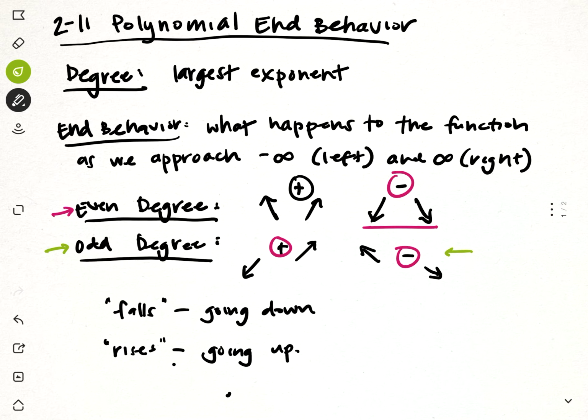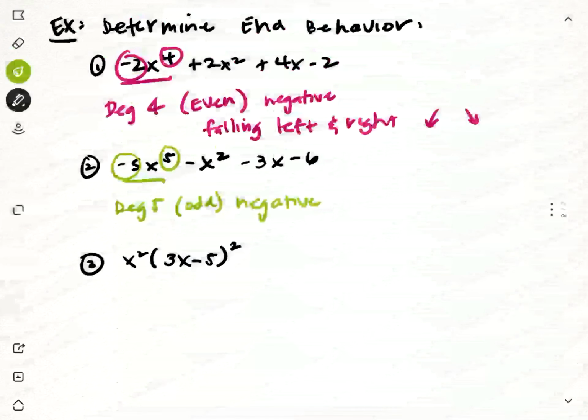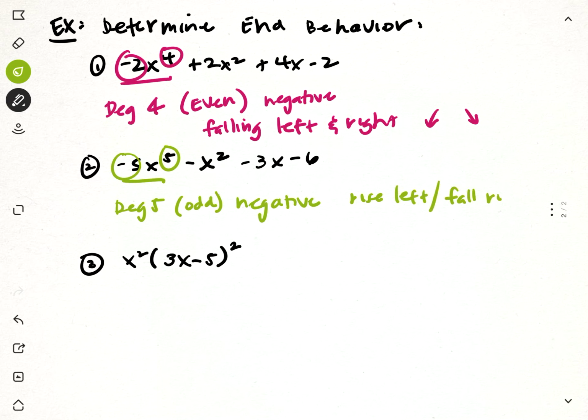This one rises left, falls right. So rise left, fall right. If you'd rather draw it, it looks like this towards the ends.